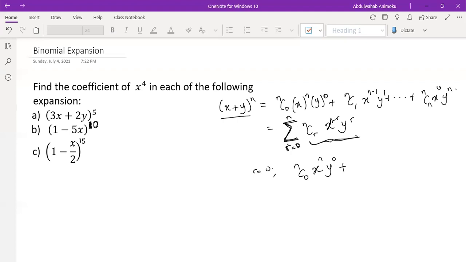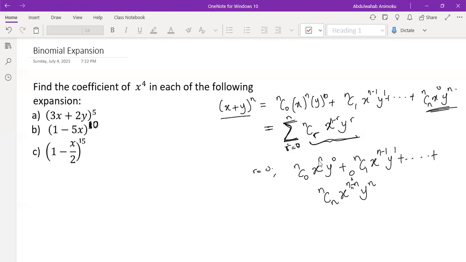So when r is 1, I'll have n combination 1, x raised to power n minus 1, y raised to power 1. It happens until the last one when r is n, which is n combination n, x raised to power n minus n, y raised to power n. You can see this gives us 0, which is exactly what we have here. So this is the general way of writing this binomial expansion.